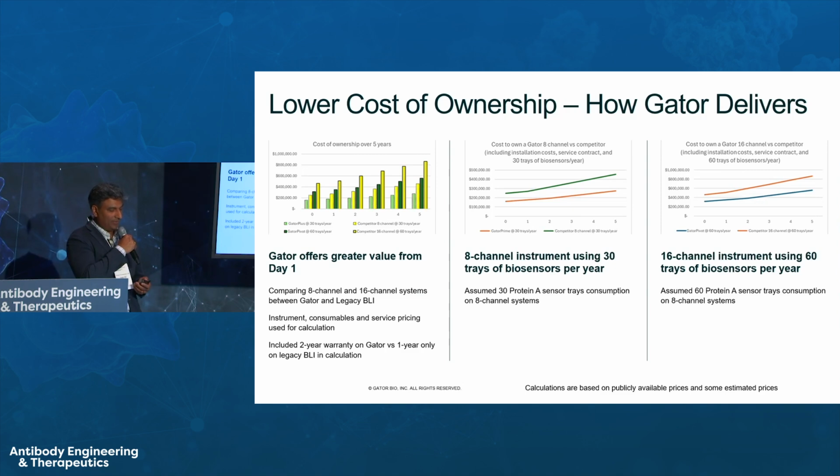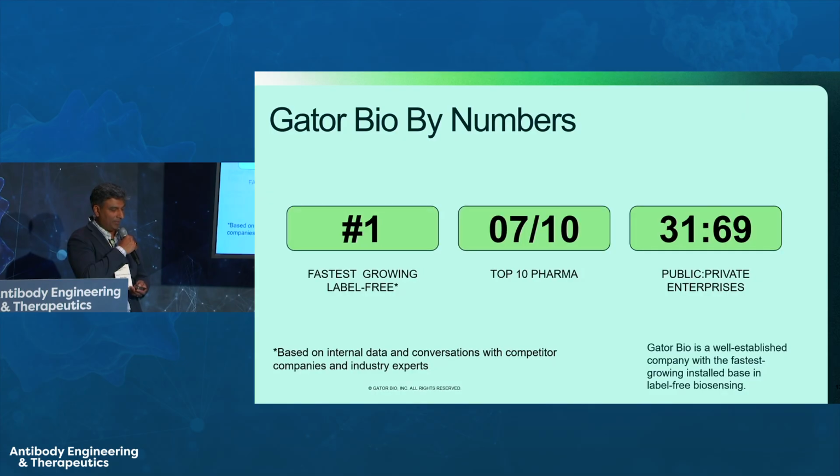So what we're trying to do is really reduce the cost that you have to pay to get high quality, reproducible performance in your lab. Generally you'll see that we're about 30 to 40% lower cost of ownership. And we can talk to you a lot more about this if you're interested.